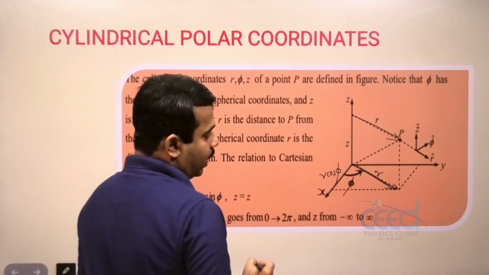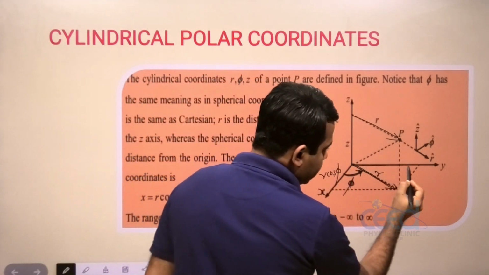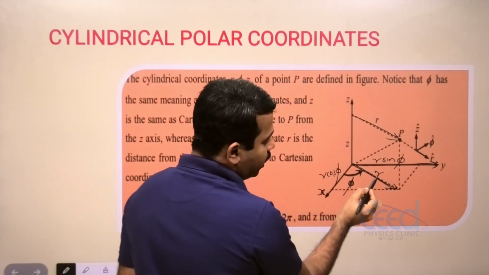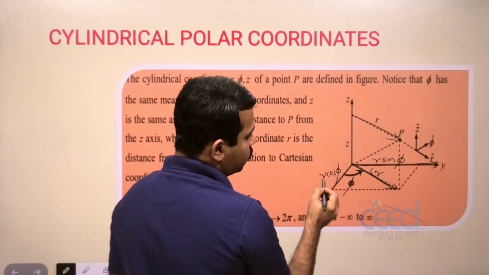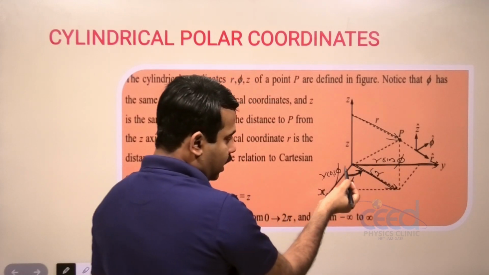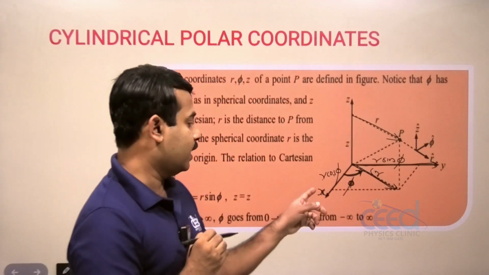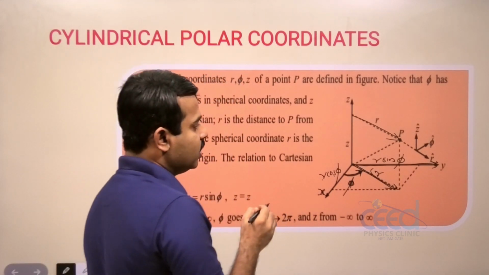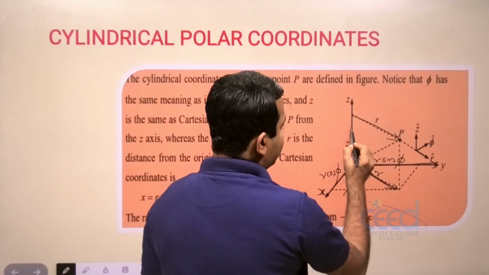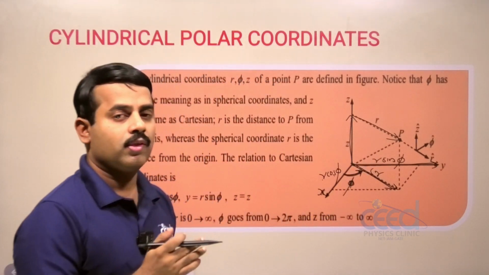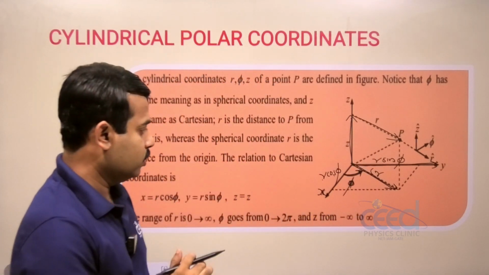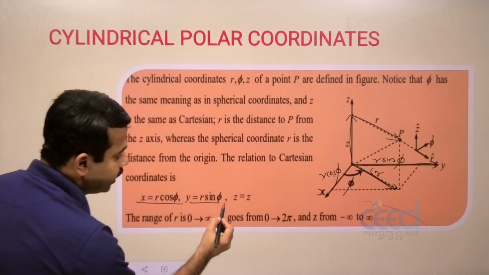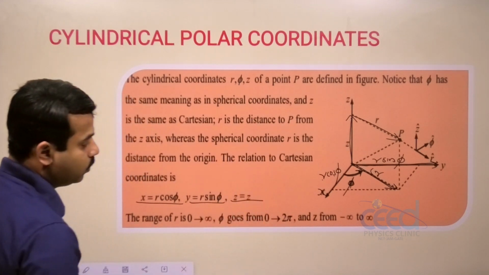And then this is the y-axis, definitely this is r sin phi. I made this r into two components, r cos phi and r sin phi. Then r cos phi defines the x-axis, r sin phi defines the y-axis. Now what about z? z is z only, the z-axis. So x I can write as r cos phi, y as r sin phi, and z is equal to z.